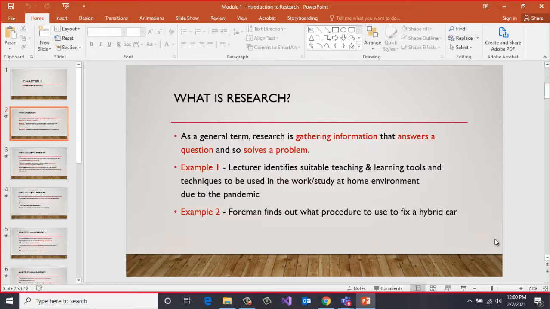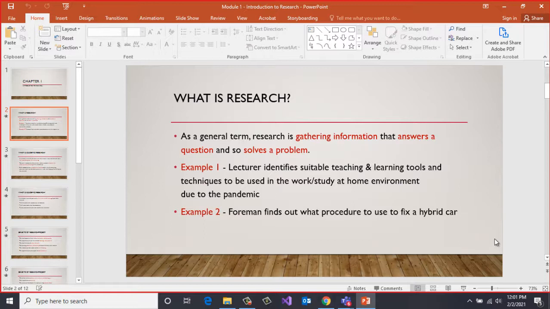Why? Because before I can cook this, I must go and find information. So where do I get information? Perhaps there are several ways. First, I look for some cookbook. Perhaps I can go on YouTube to look for menus.